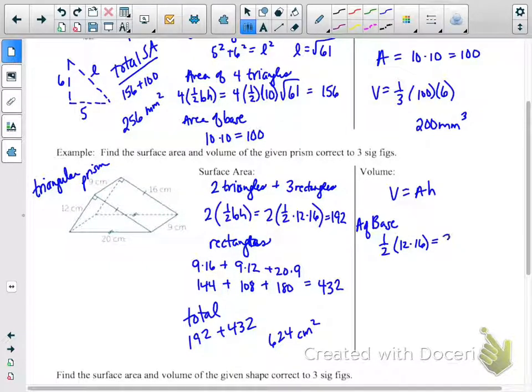That's going to be 96. Okay. So now my height is 9, and that's again the distance between the 2 triangular bases there. This is the distance between the 2 triangular bases. Okay. So now I've got the 9. So volume is equal to 96 times 9. That's going to be 864 centimeters cubed.